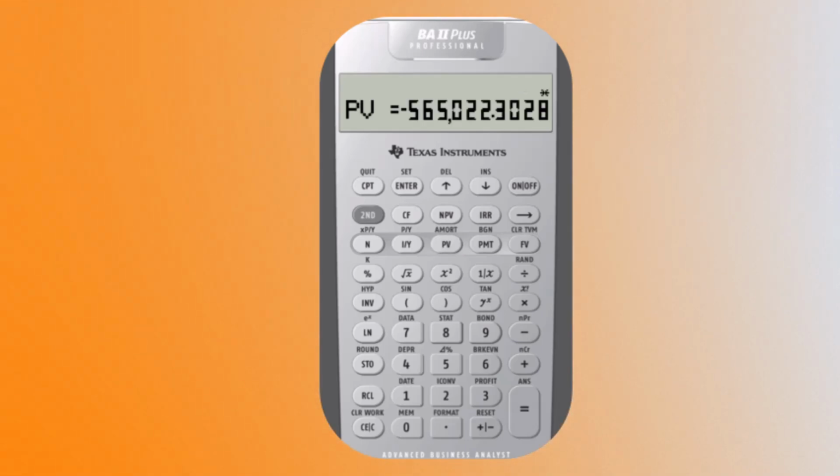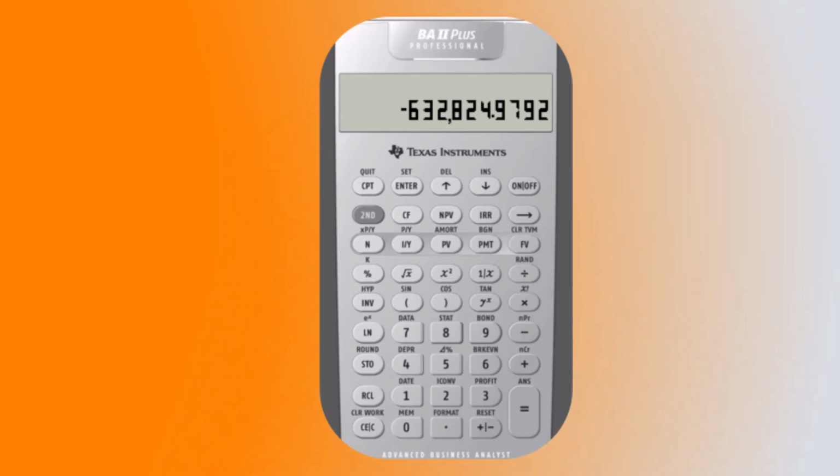That's the present value if this was an ordinary annuity, $565,022.30. But our final step here is to take this number and multiply it by 1 plus the period rate. It's 12%, 1.12. That is the present value of the annuity due.